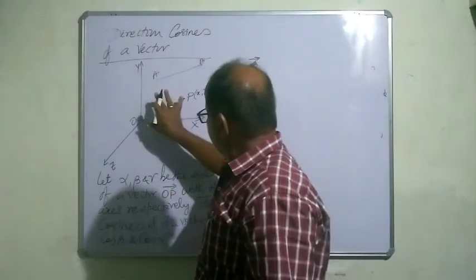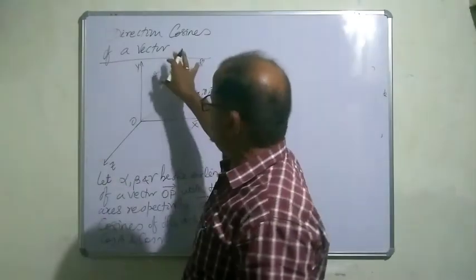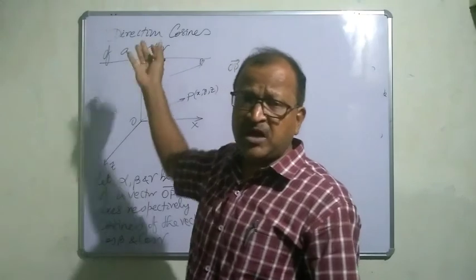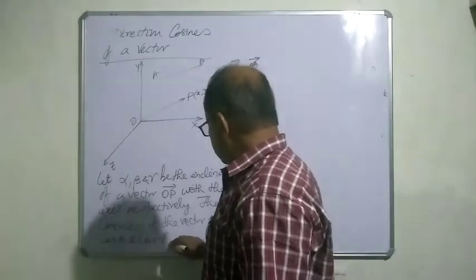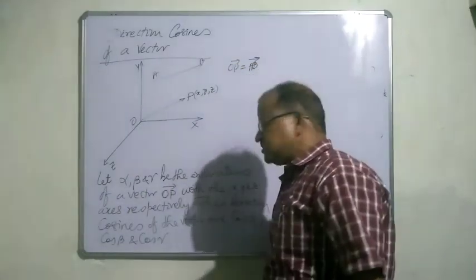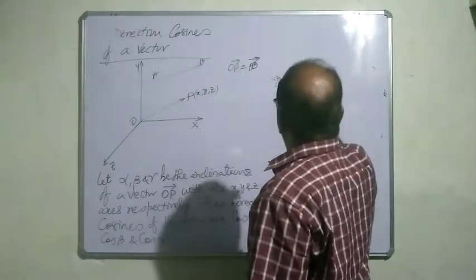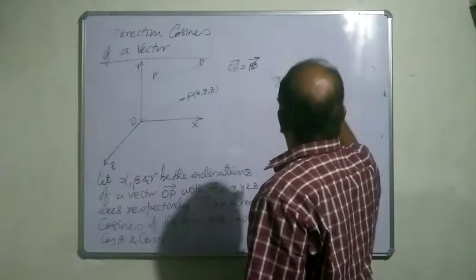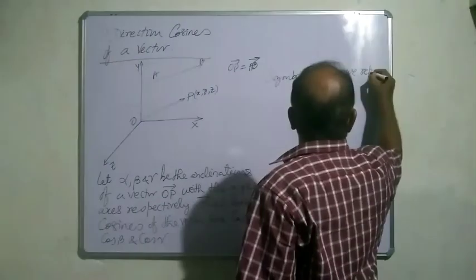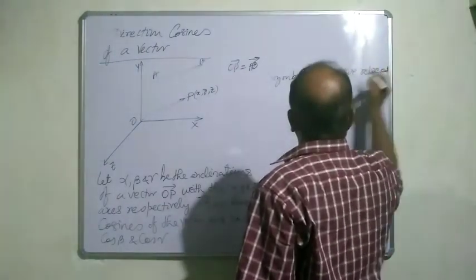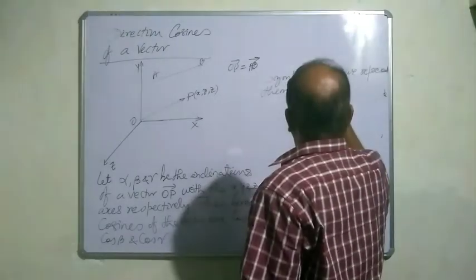You see, if you find the direction cosines of OP, it is the same as the direction cosines of AB because it is parallel to that. So these are the direction cosines of your vector. Symbolically, we represent them as l, m, n.